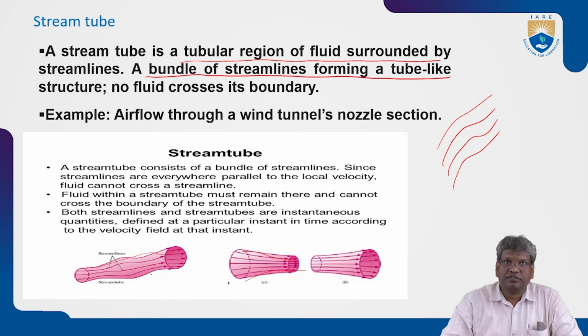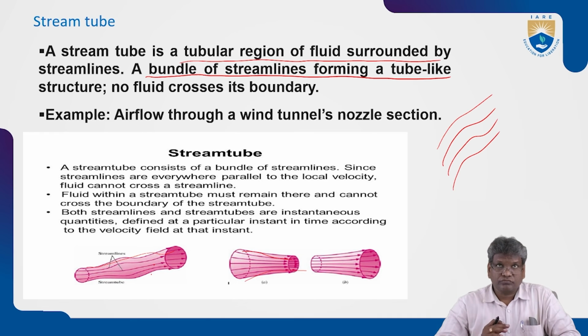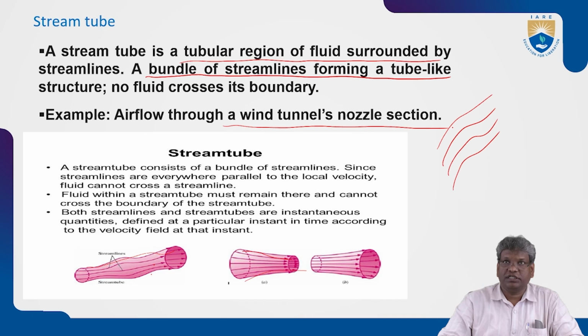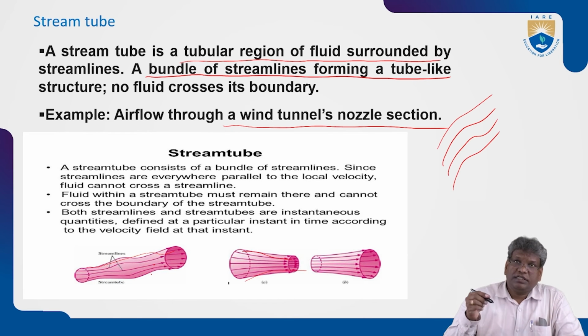The example for a stream tube is airflow through a wind tunnel nozzle section. A wind tunnel is generally used for testing aeroplane wings and other parts of the aeroplane, and we can test different airflows inside the wind tunnel.